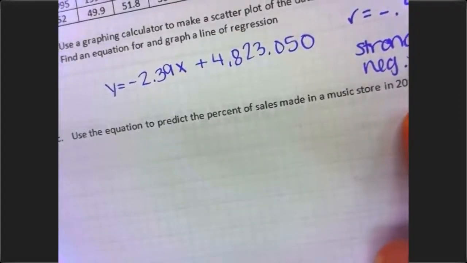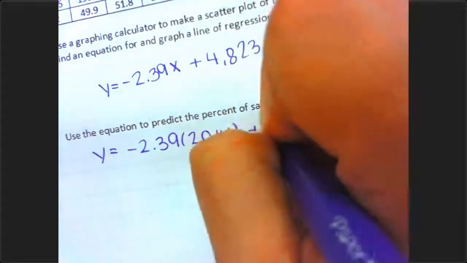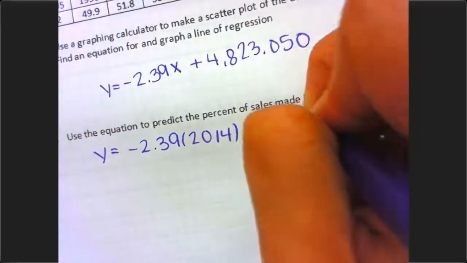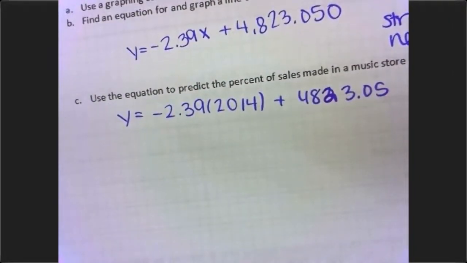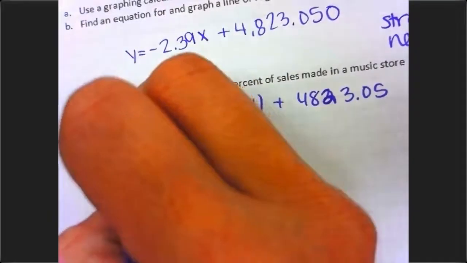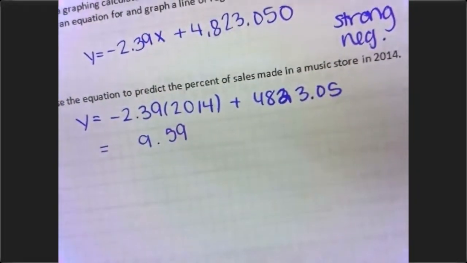Use the equation to predict the percent of sales. So once again, you are plugging in that year for X. And the percent of sales made in the music store in 2015, or 14 rather, was predicted to be 9.59.